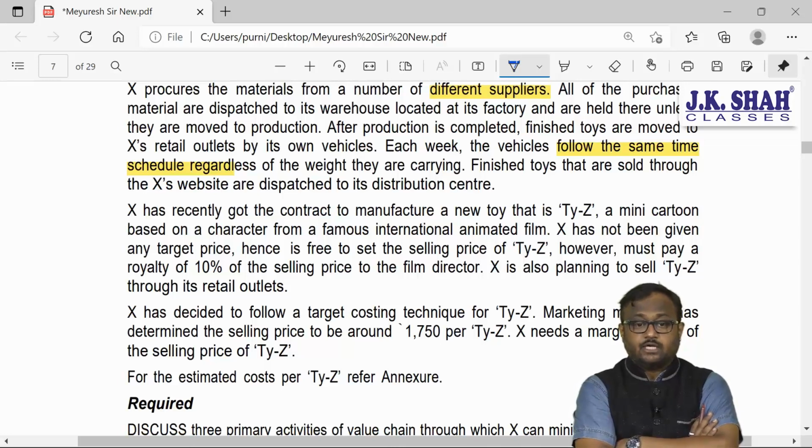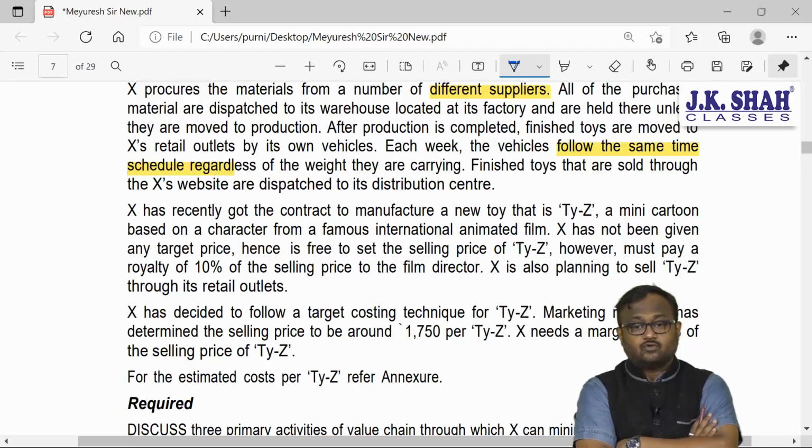X has recently got the contract to manufacture a new toy, TYZ, a mini cartoon TV character from a famous international animated film. X has not been given any target price, hence is free to set its selling price. However, it must pay a royalty of 10% of selling price to the film director.